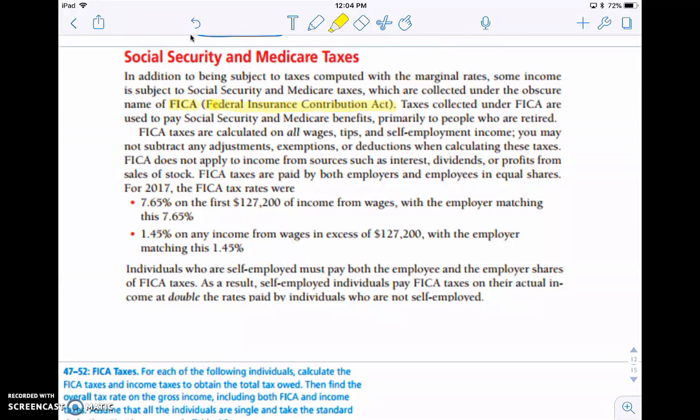This goes back quite a long time. Taxes collected under FICA are used to pay for Social Security and Medicare benefits, primarily for people who are retired. So you won't see this for a long period of time.